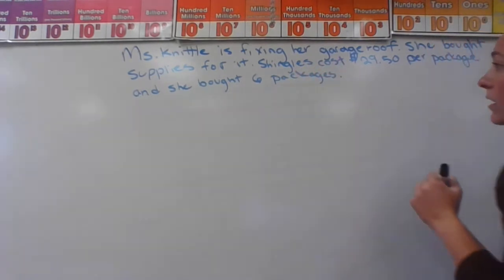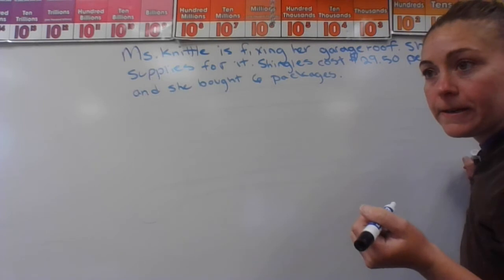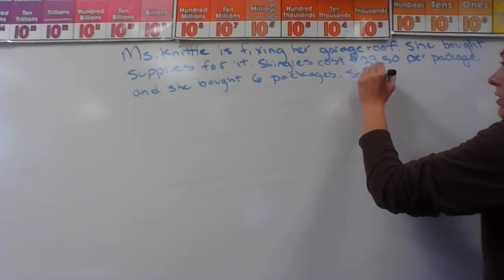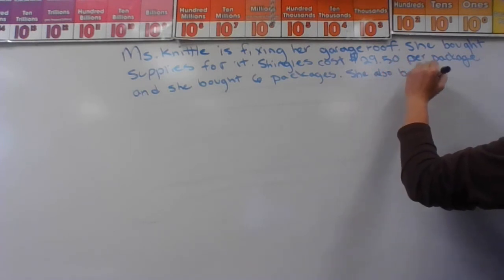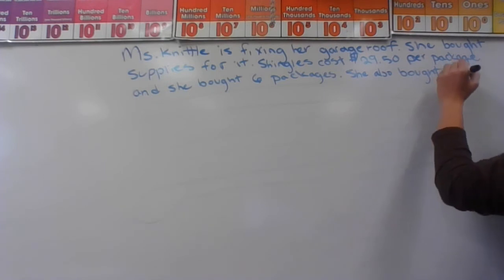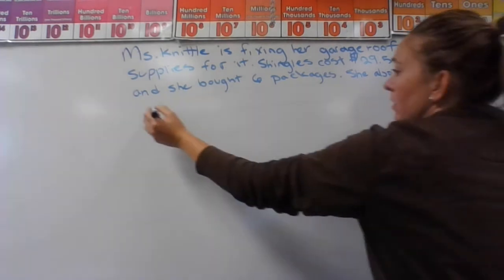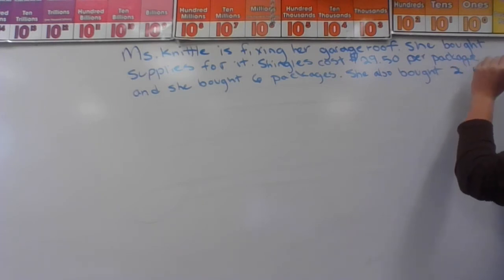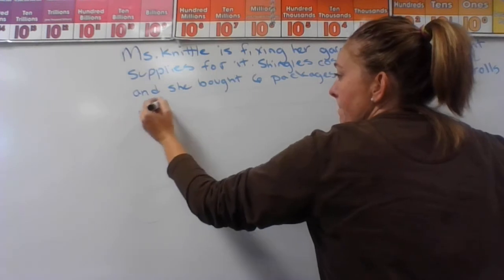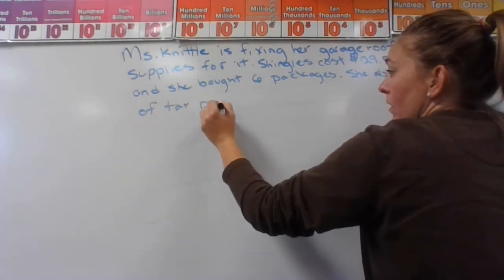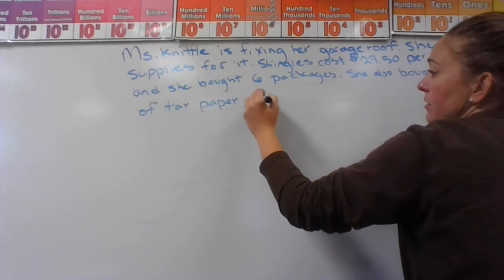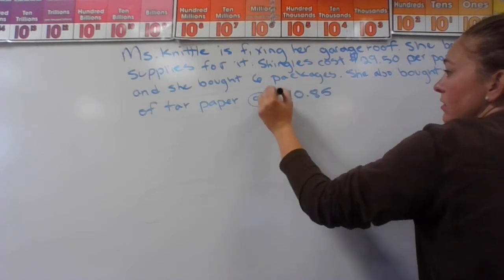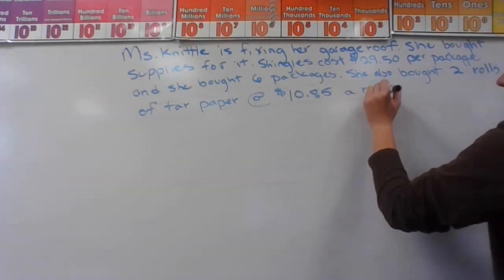Okay. Then we had to buy tar paper, like rolls of paper that go underneath the shingles. So she also bought tar paper. Two rolls. She bought 2 rolls of tar paper. They were like, I don't know, let's say $10.85 a roll. It was something like that.